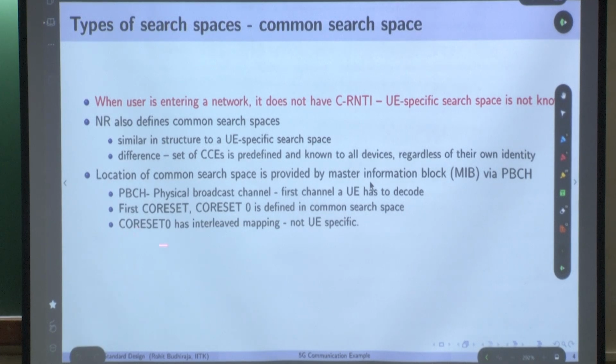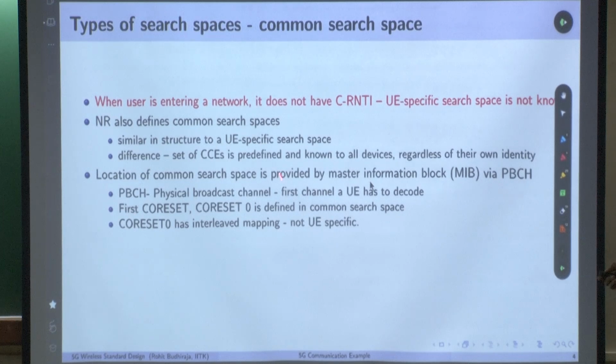And you see now that CORESET 0 has interleaved mapping, not UE specific, because the base station doesn't even know about this user, so how can it make a UE specific mapping, right? So it is interleaved mapping. Why interleaved? Because it is common, correct? And if it is common, it should serve the purpose of all the UEs.